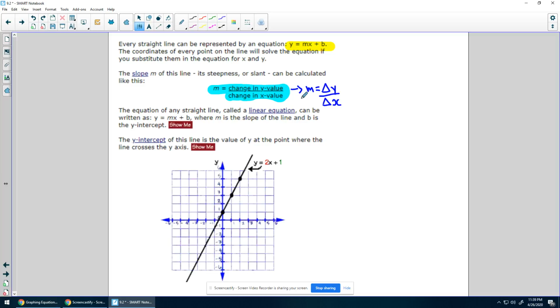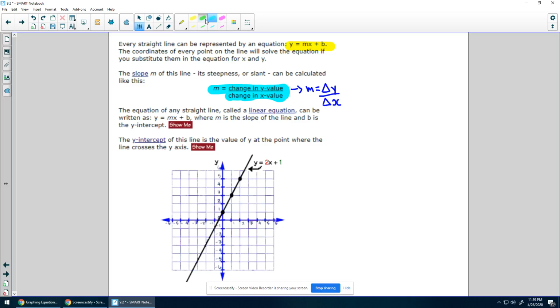Instead of writing change in y value, I'll use the triangle y to show that same thing. Okay, the equation of any straight line, called a linear equation, can be written as y equals mx plus b, where m is the slope of the line and b is the y-intercept.